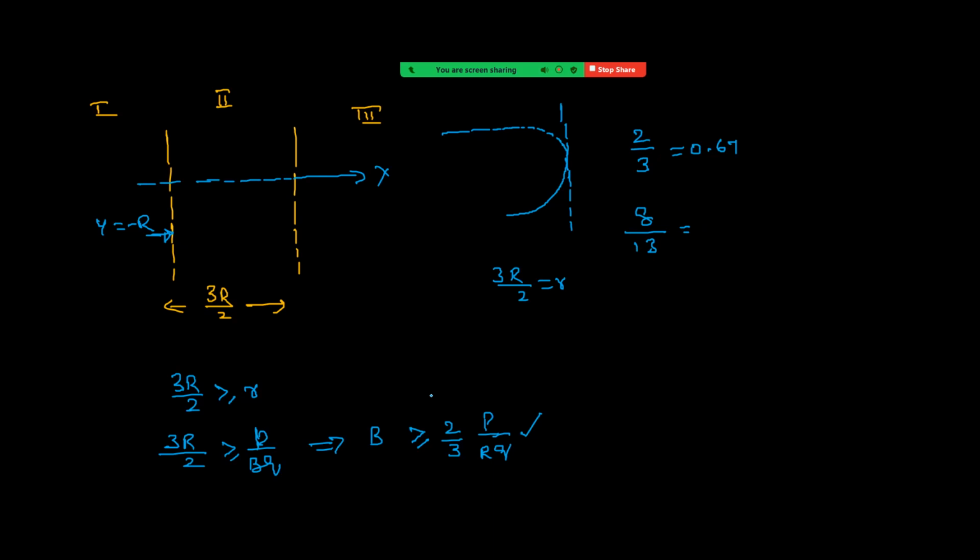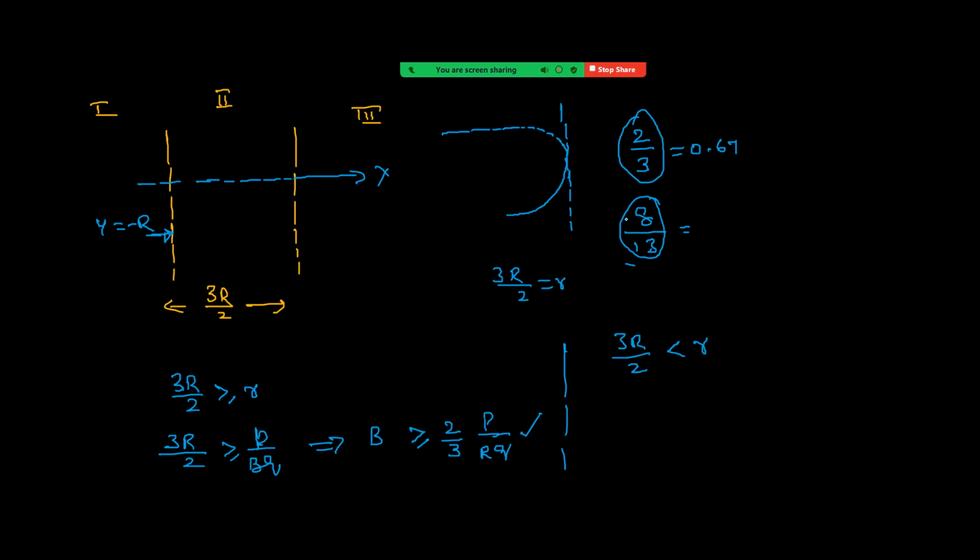That means it will definitely enter into region 3. So option B is correct, because that satisfies the condition, 3R by 2 is less than R. 8 by 13 is less than 2 by 3. That means it will enter into region 3. So option B is correct.